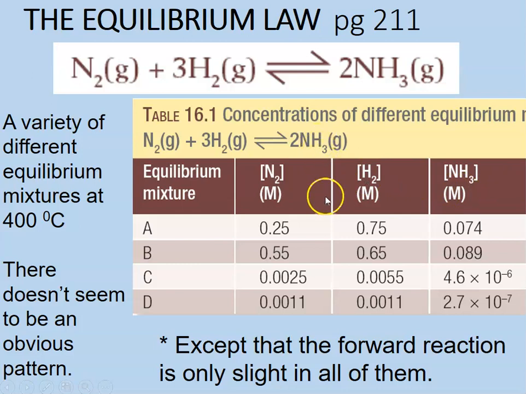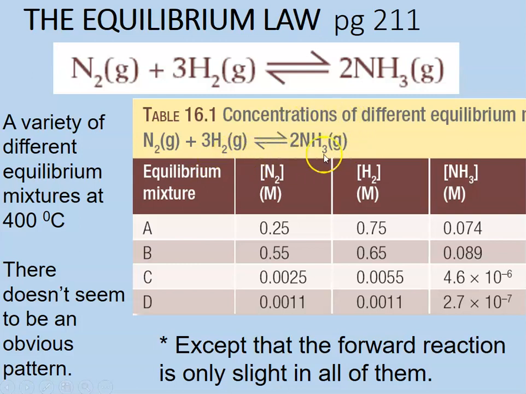So, the equilibrium law. This is actually the old textbook, I hadn't realized. What they did originally to develop this mathematical way of looking at an equilibrium is that they thought, obviously you start with a certain concentration of reactants and you're going to end up with a certain concentration of products.